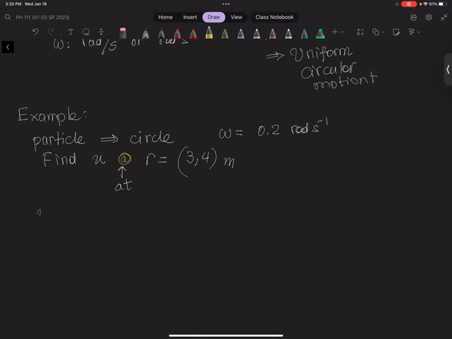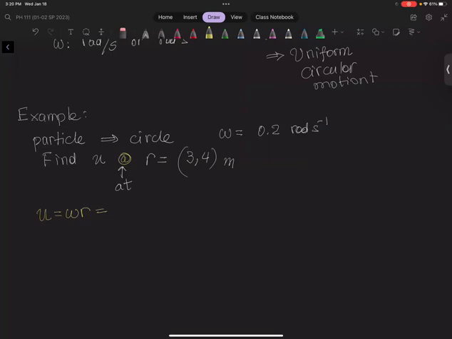So, any takers? We know that U is omega R, yes? We know it's a vector, but we're dealing with magnitudes here. We know that omega is either into the board or out of the board, yes? So how do we go about finding it? The only thing we need to find here is what? R, yeah? What is R? R is the magnitude of the vector, right? The radius.